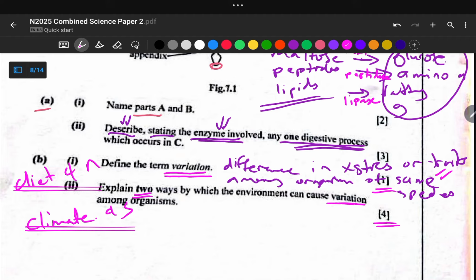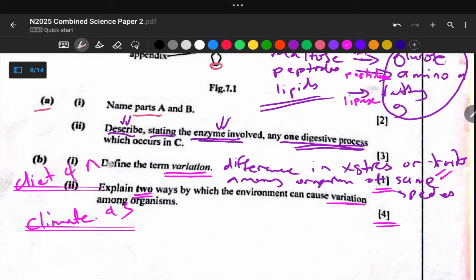So diet, how does diet affect variation? Diet, the type of food an organism consumes, can affect its growth and health. For example, we have 2 genetically similar children. They can grow differently, they can have different heights. The one who is suffering from malnourishment can have a poor stature compared to one who is well fed, right?